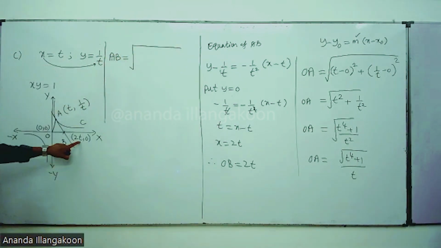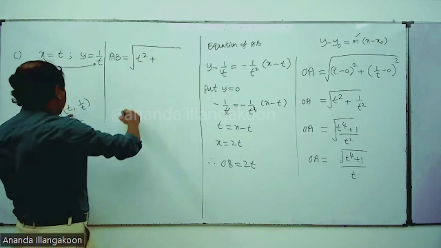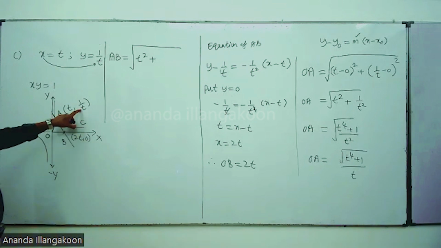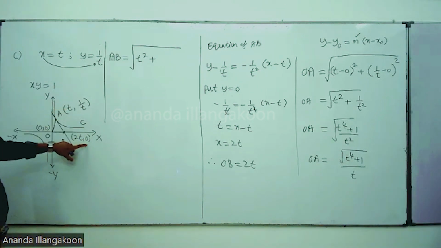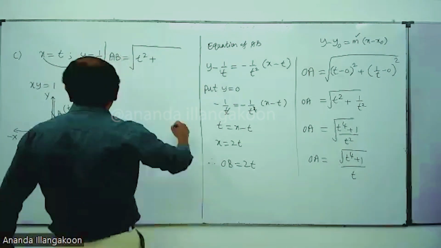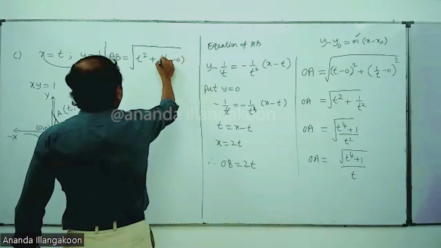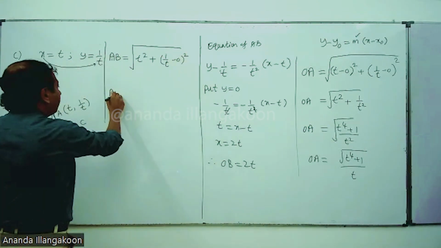AB is equal to the square root of what? Difference of x coordinates: 2t minus t, it's t, so t squared. Difference of y coordinates: 1 upon t minus 0, or 0 minus 1 upon t. Whichever the order, never mind, because you square it. Then it is 1 upon t minus 0 squared.